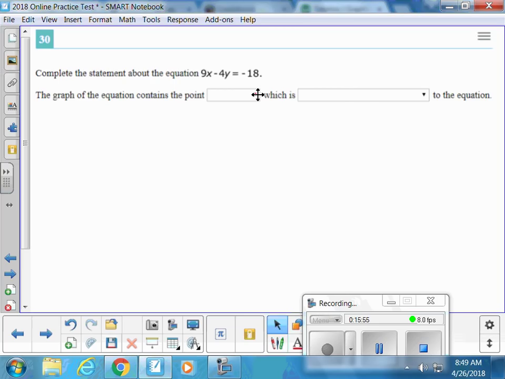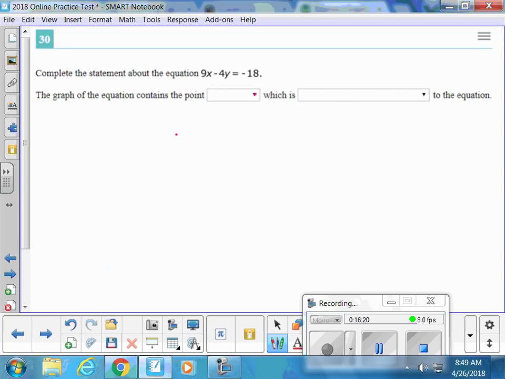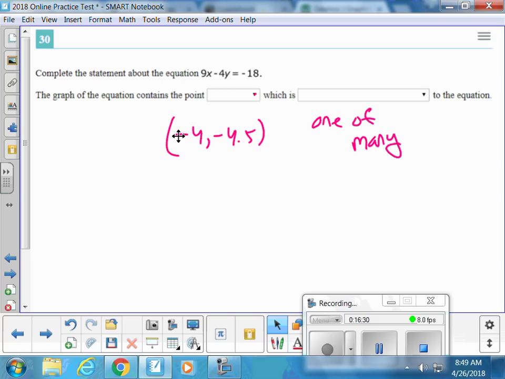But what I did end up selecting, I clicked and held and slid along the graph to explore all these options. Down here at x equals -4, at -4 it's at -4.5. So that was the one I chose as a drop down. -4, -4.5 is one of many solutions to the equation. One of many. So that's your final answer on number 30.